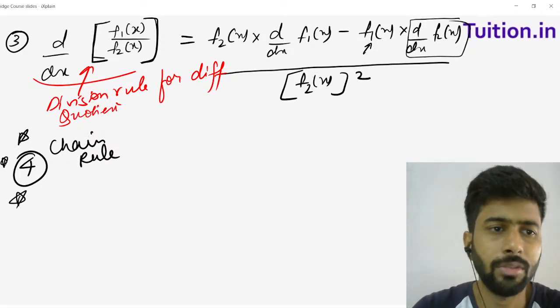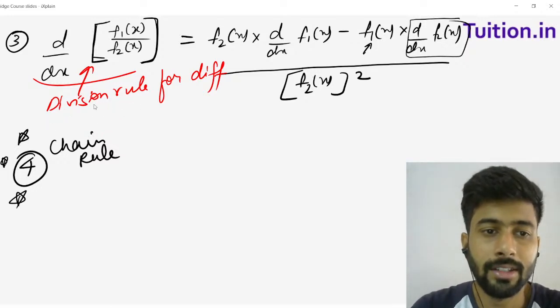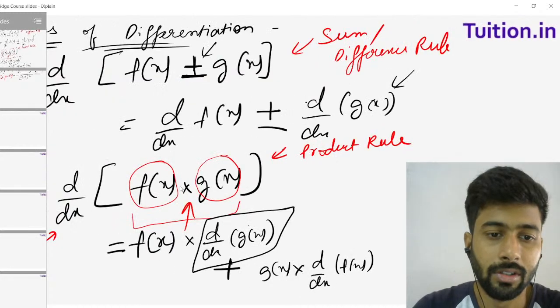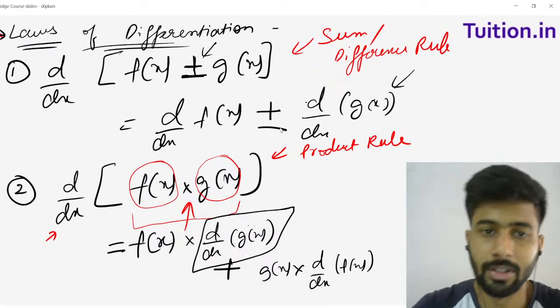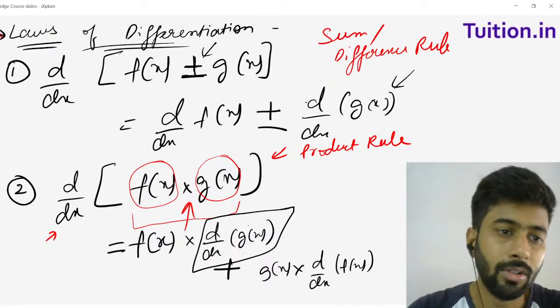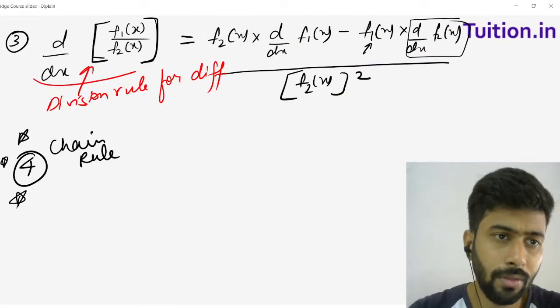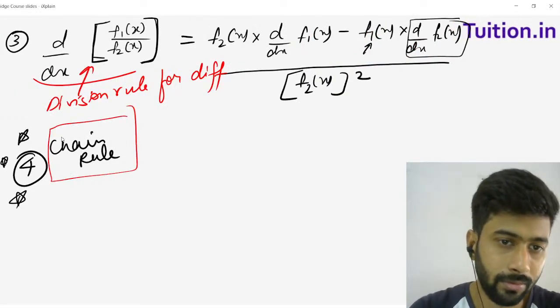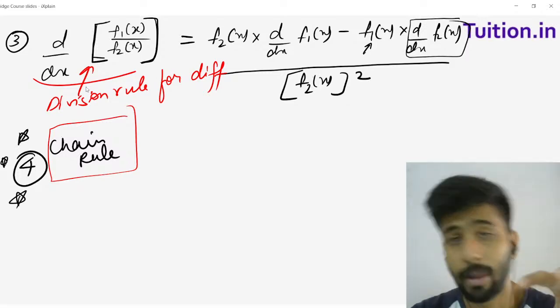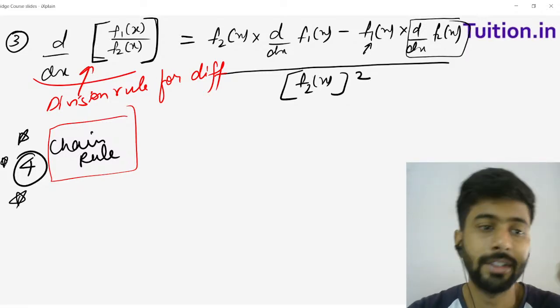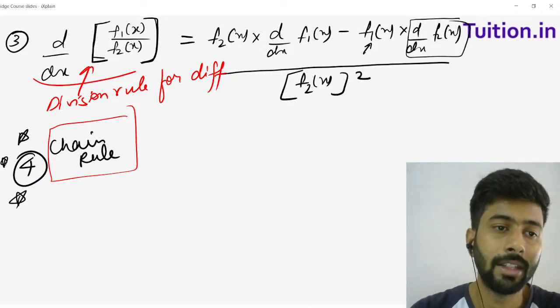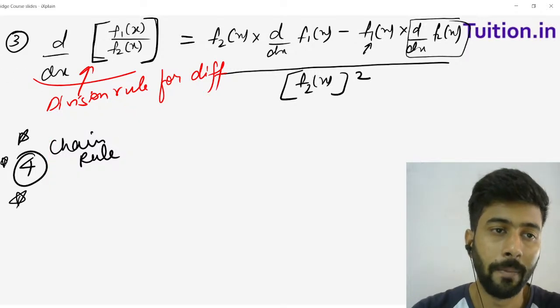I don't know, division rule is more apt. You can say this is division rule for differentiation. You can say this is product rule for differentiation. This is sum or difference rule. So from my experience, I can say that the next rule which we will discuss, the chain rule, has more number of applications than the first three. So please continue paying your attention to this one. Very important law.